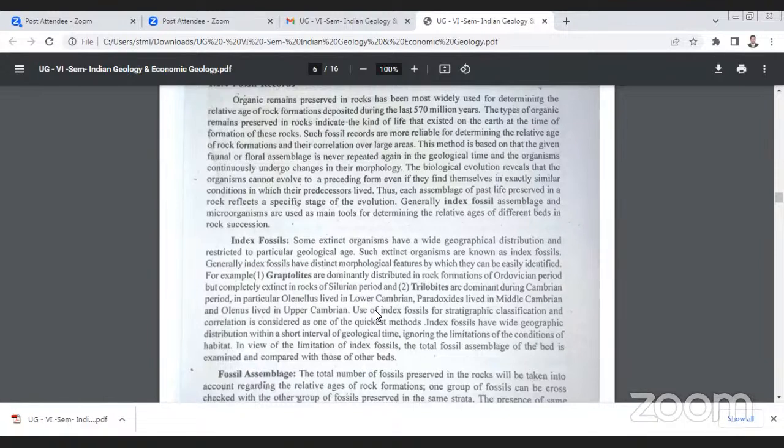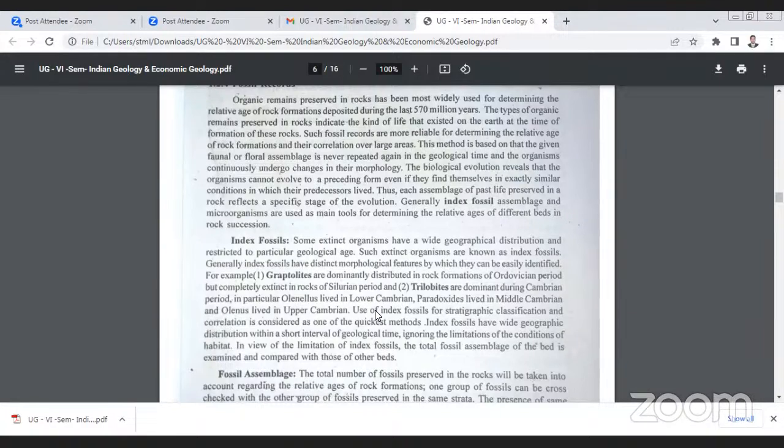For example, if you see the dinosaurs, they are particularly seen in the Jurassic age. After that they diminished in that area and completely went extinct.